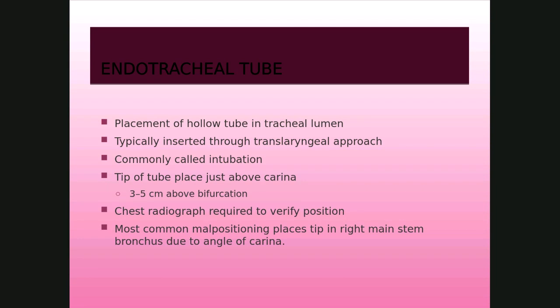They typically call it bagging a patient. If you've ever seen on the ER shows, they have that big blue balloon and they're squeezing it and breathing for the patient. Typically when they're doing that, the patient has an ET tube.